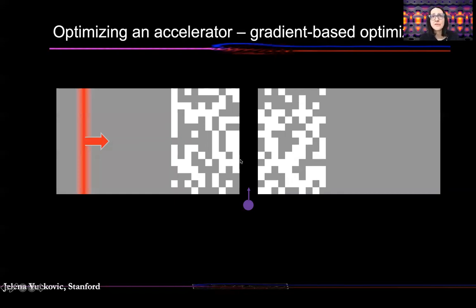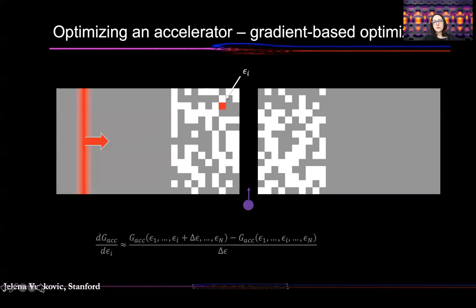So what we do instead is gradient-based optimization, which means that we're still solving the same problem. We still have this enormous parameter space consisting of 10 to the power of 90 structures, or even more, because pixels should be smaller than 100 by 100 nanometers. But instead of a blind brute force search through this enormous parameter space, you're guided by the physics of the problem. You look at which pixels would contribute to the largest changes in the gradient that you're trying to optimize.